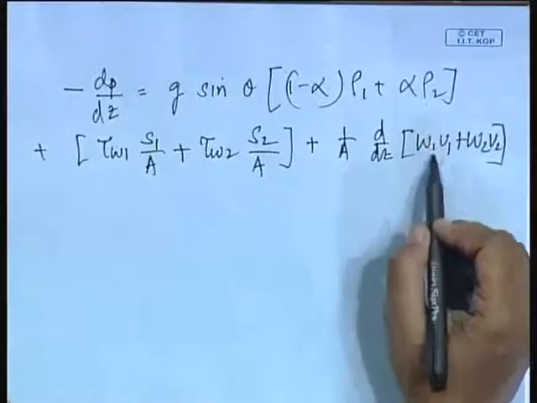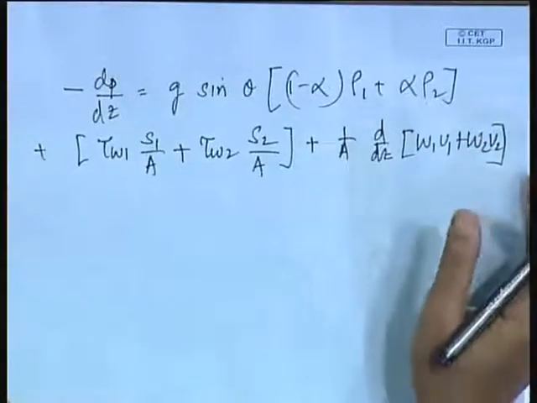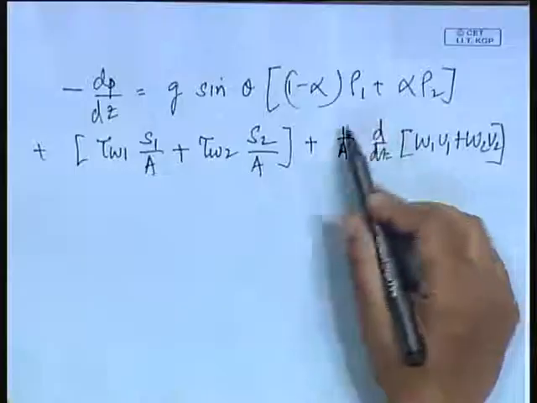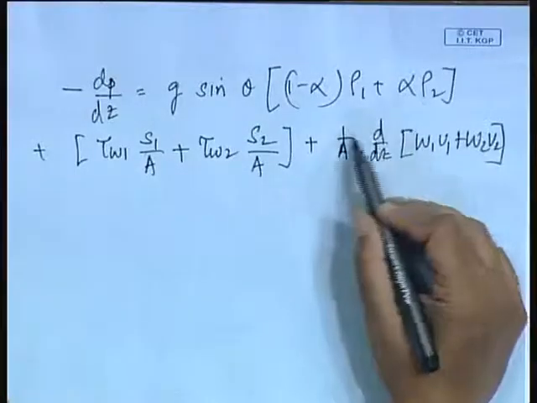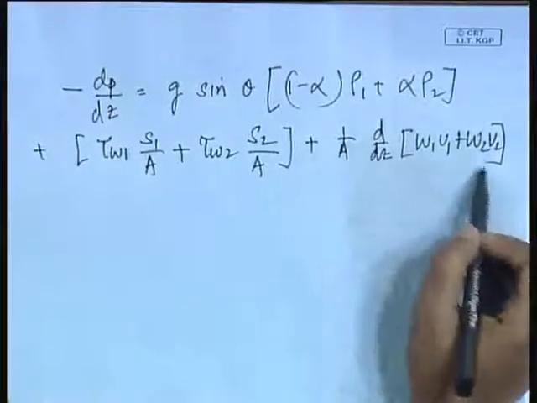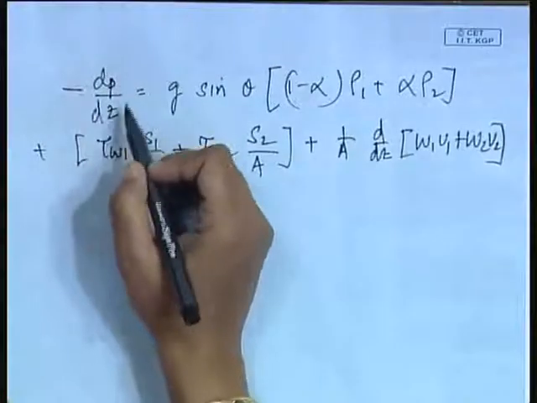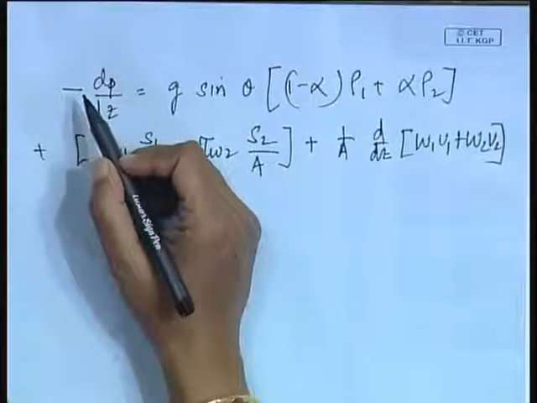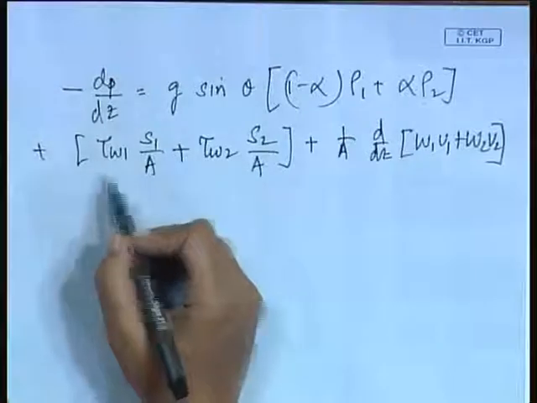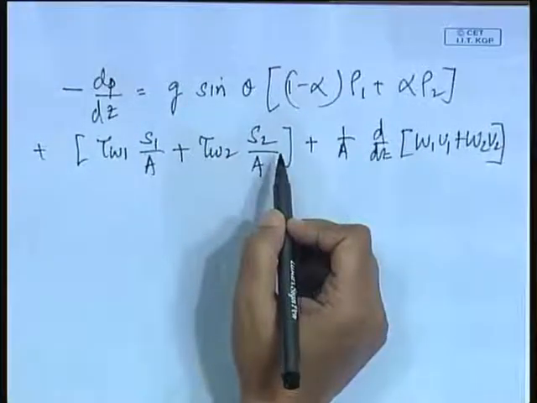So, we have to express U 1, U 2 in terms of known measurable parameters, or in other words, we have to express the acceleration pressure gradient in terms of known input parameters. Once we can do it, then probably we can find out the pressure gradient or the pressure drop across a known length, provided we have some idea of how to estimate the frictional pressure gradient.